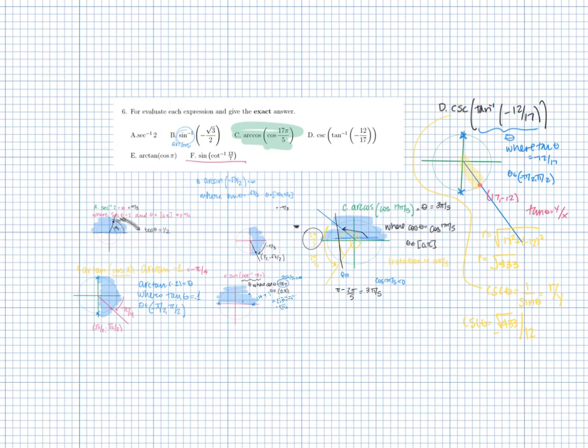So remember that sine theta is in fact y over r. In quadrant 1, that will be positive, and we get 7 over the square root of 218. So here you go. Here is all the work that we have done to complete number 6.